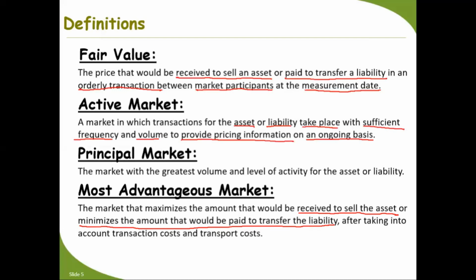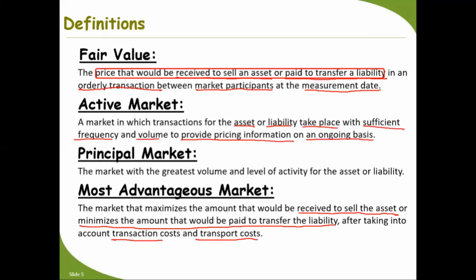In that case, it is the market which will give you the maximum amount by selling an asset, or minimize your amount to discharge your liability, after taking into account transaction costs and transport costs. We'll talk about this in detail in further slides.